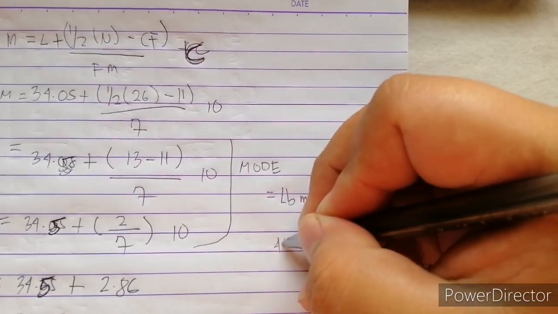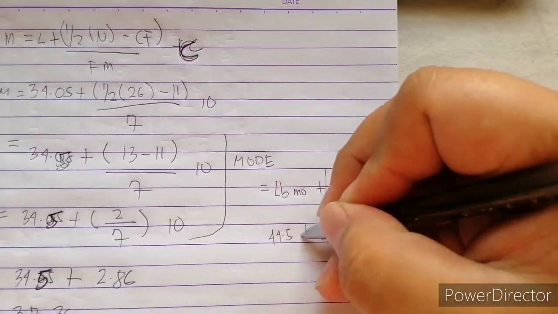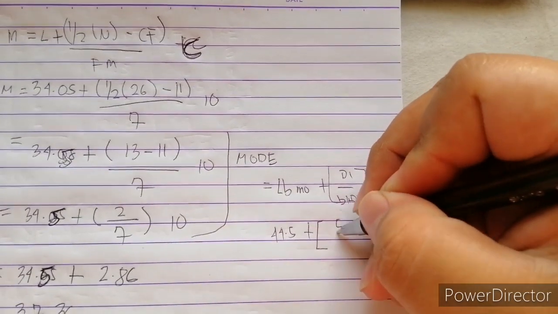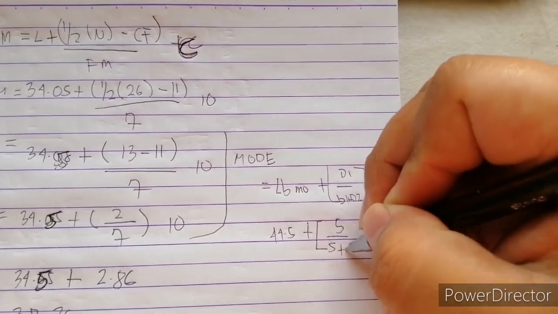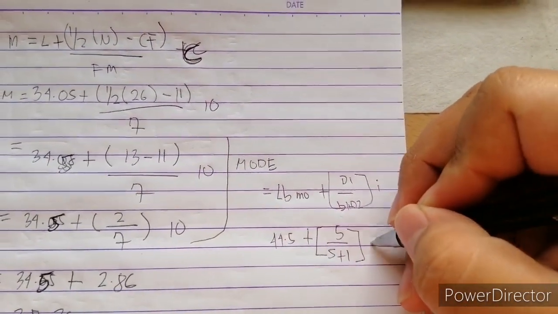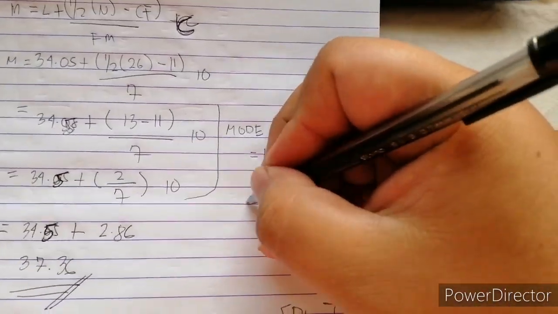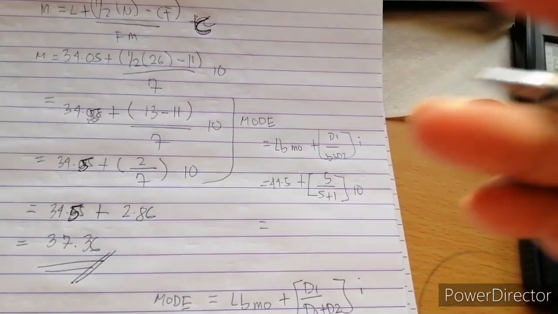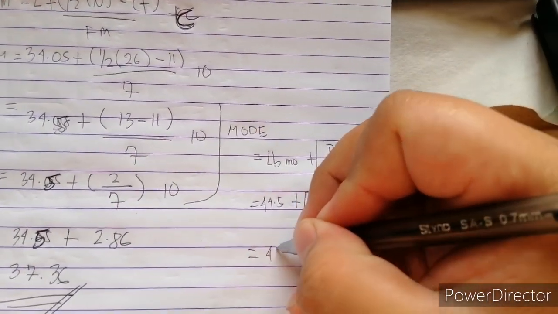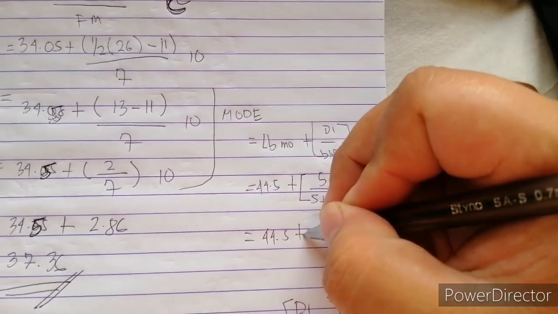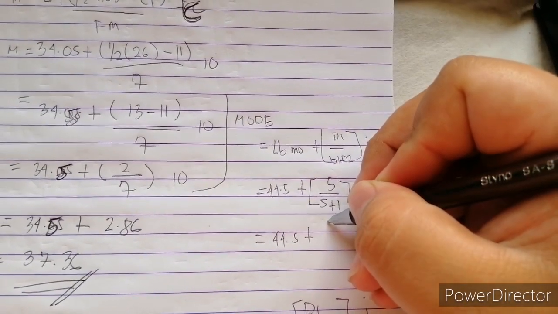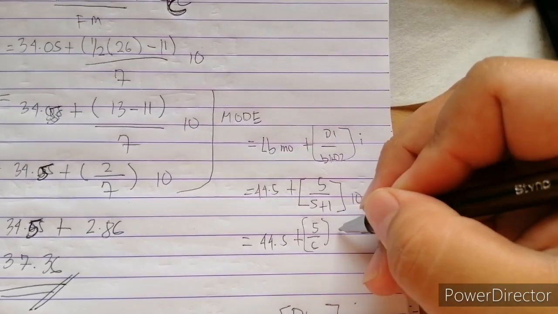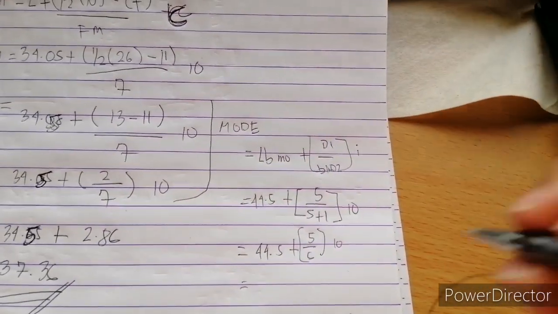So 44.5 plus, D1 is 5 over 5 plus 1 times 10. First we solve what's inside the parentheses. So that will be 44.5 plus 5 over 6 times 10.